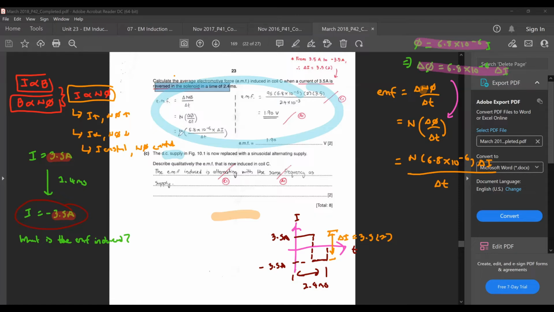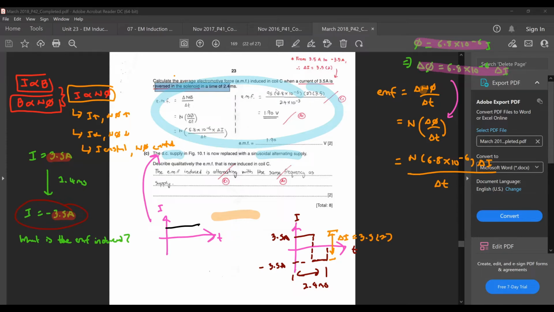They tell you the DC supply, DC here refers to direct current, is now replaced with a sinusoidal alternating supply. When they say DC supply is direct current, you can just visualize the current as being something similar to this. There's no change in the direction. There's just positive current throughout or negative current throughout in some cases. It doesn't change.